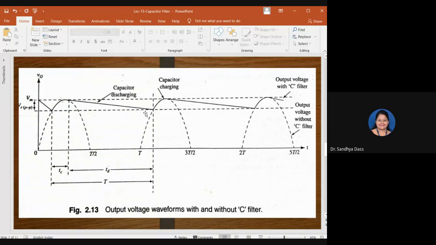And this again depends on the value of the capacitance of the capacitor, so the higher the value, the more we can reduce this time period.